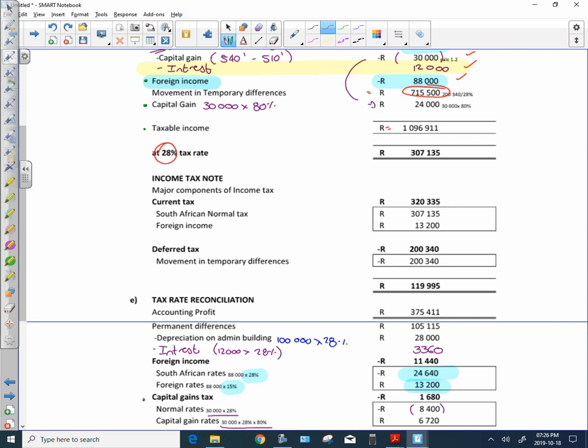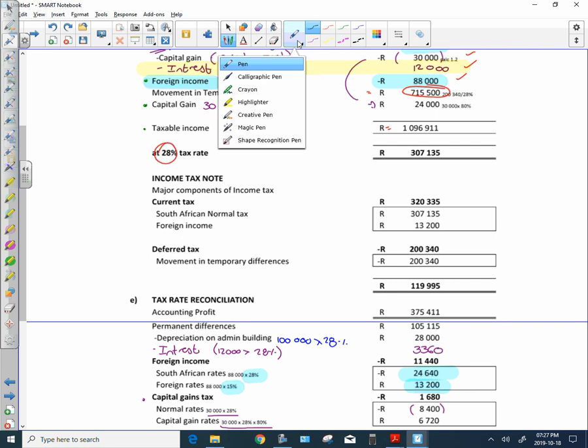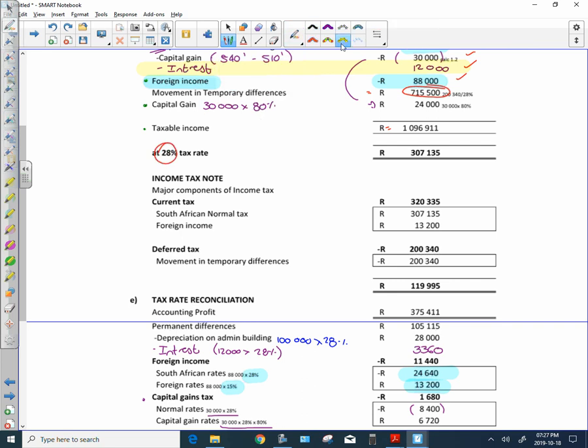In terms of my tax rate recon, the amount over here, 307,135, which will change, is South African normal tax, so you put it in there. Foreign income is what you paid, 13,200. And your movement in temporary difference, this is now at 28%. Exactly what you calculated is a negative 200,340.